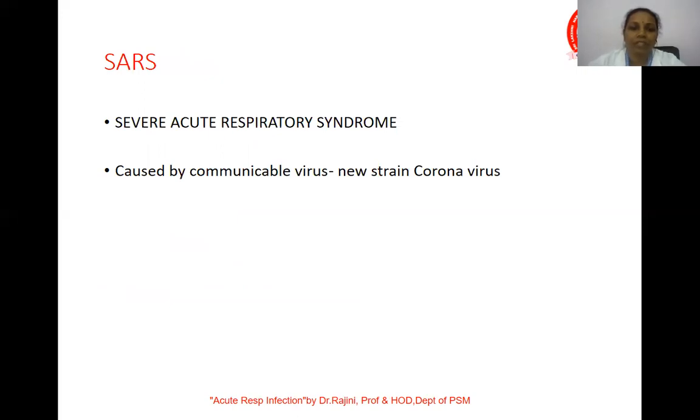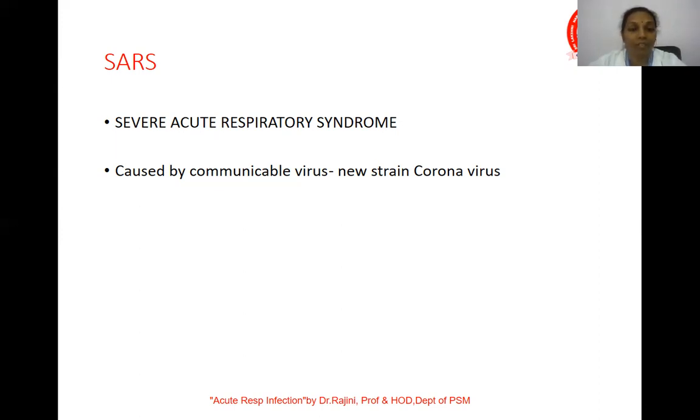What is SARS? It is a severe acute respiratory syndrome. Any respiratory tract infection can lead to severe acute respiratory distress or syndrome. Suddenly the baby or the person is not able to breathe properly. So we say the patient has gone into respiratory distress.